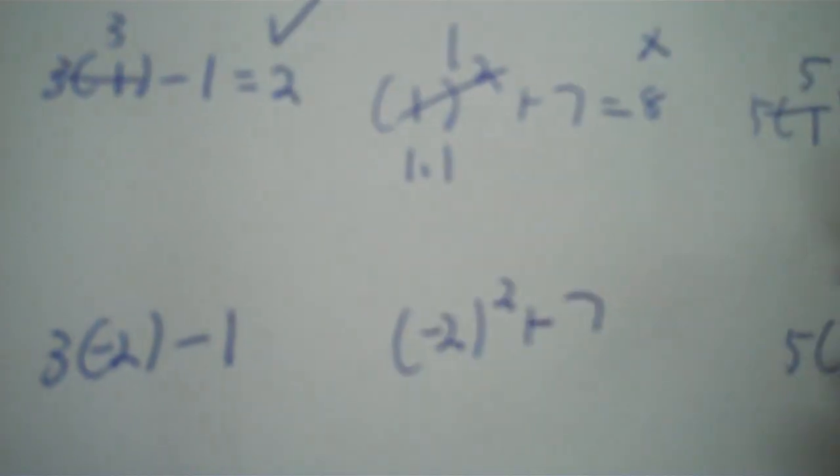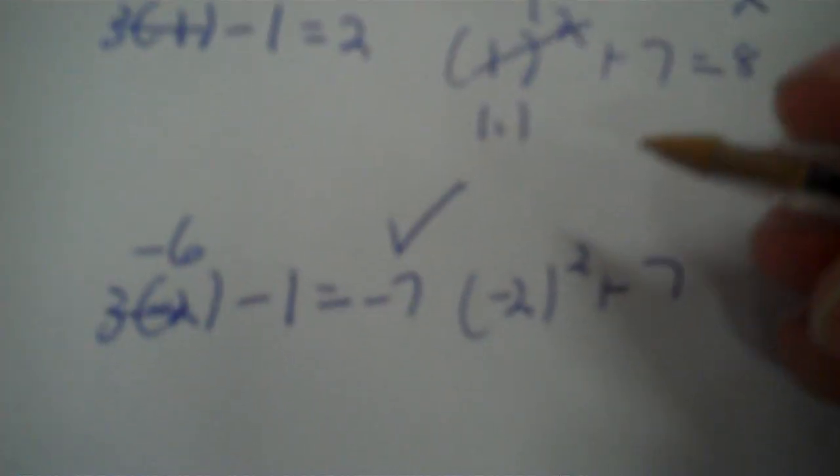Okay. Now, line it up again. 3 parentheses minus 1, parentheses to the second plus 7, 5 parentheses plus 3. So we are going to input negative 2 now. Remember, 2 of these need an output of negative 7. Okay, 3 times negative 2 is negative 6, minus 1 is negative 7. Check.